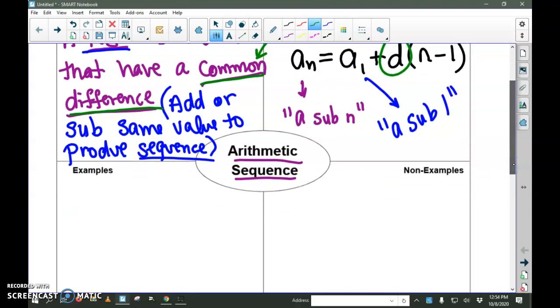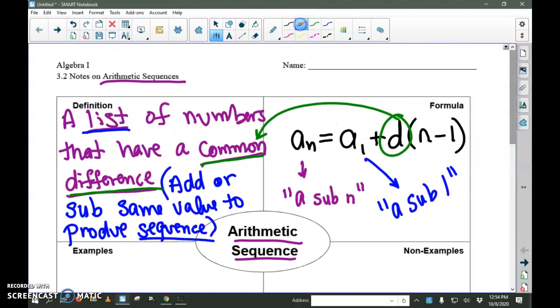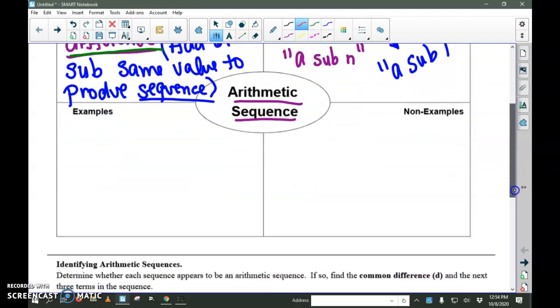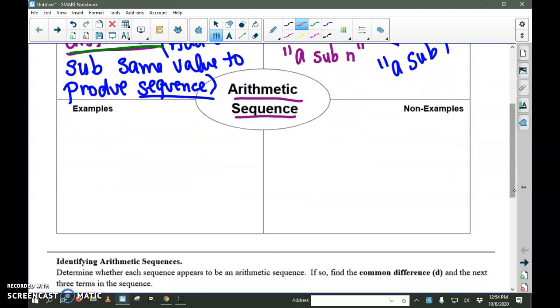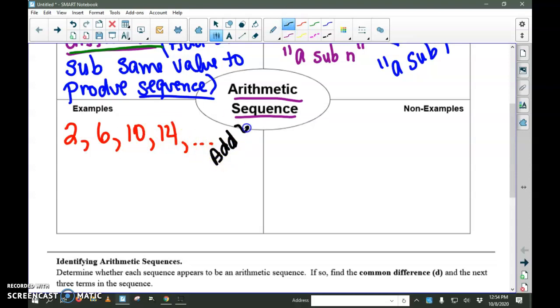Okay, some examples of an arithmetic sequence would include something like 2, 6, 10, 14. In order to create this sequence, I am adding 4 in order to create my list, okay? Another example would be 30, 20, 10, 0, right?